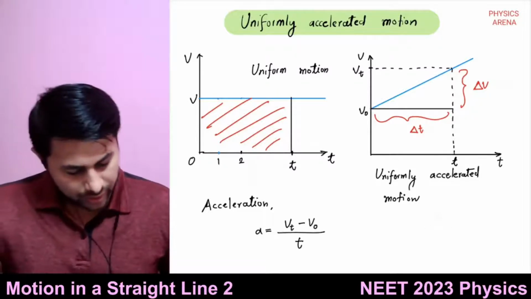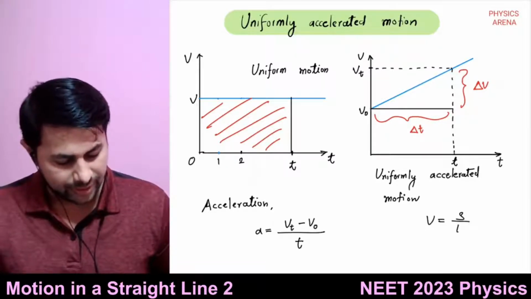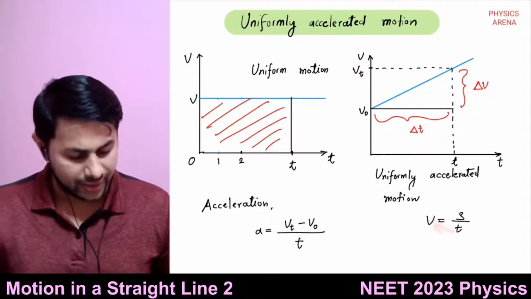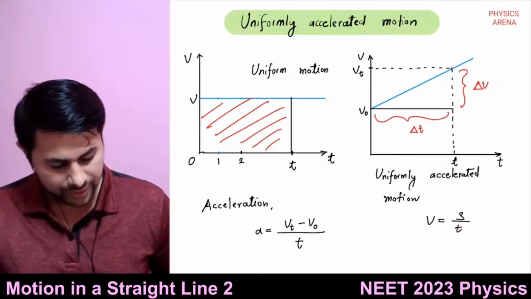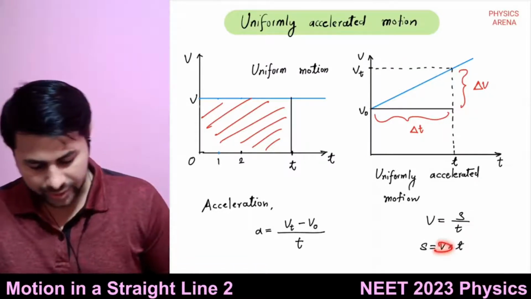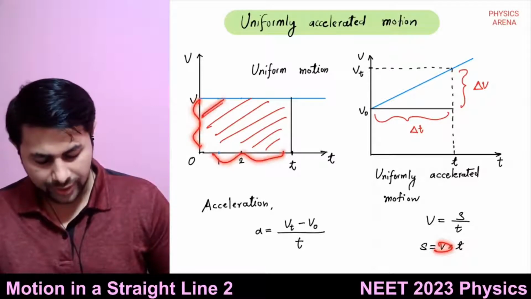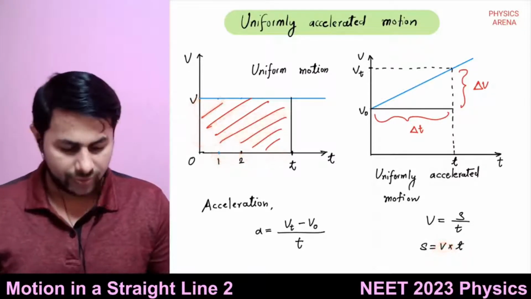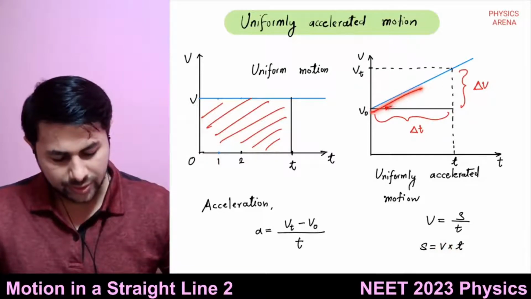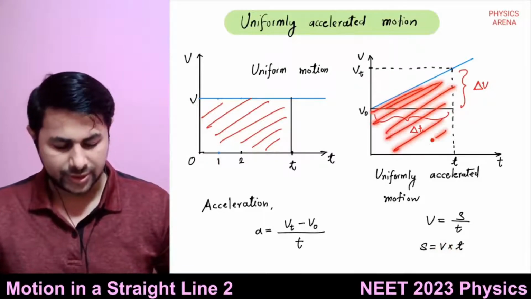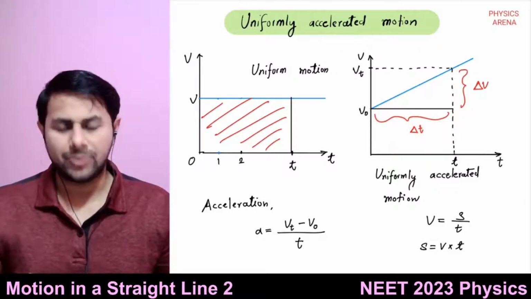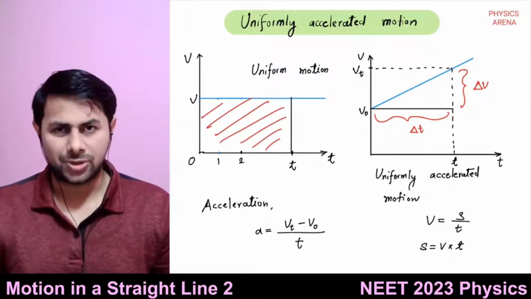Your velocity is displacement divided by time, and if you take this time on the other side, you get s equal to v multiplied by t. So the area under this velocity versus time graph will give you displacement. Similarly, here also, if you take the area under the velocity versus time graph, it will give us displacement for uniformly accelerated motion.